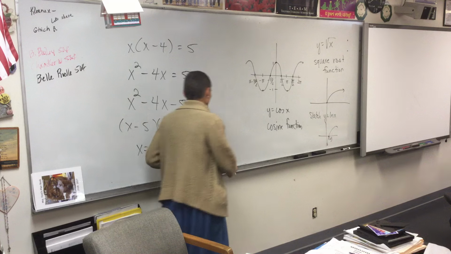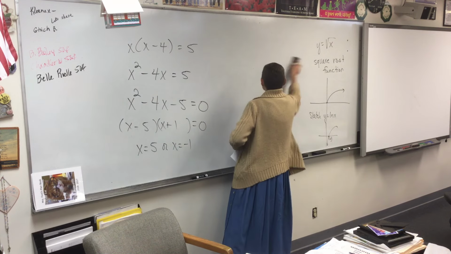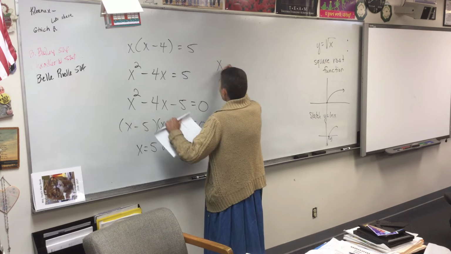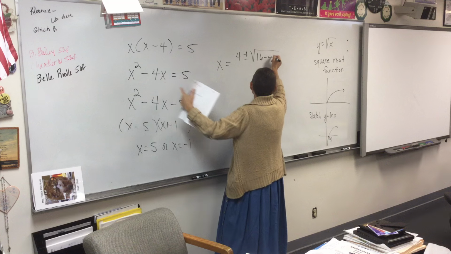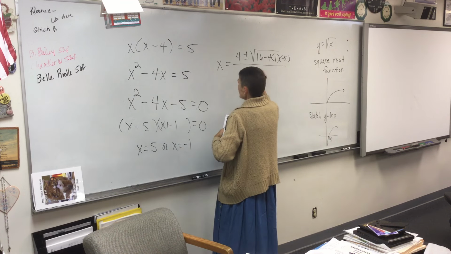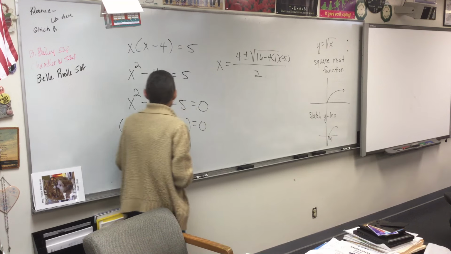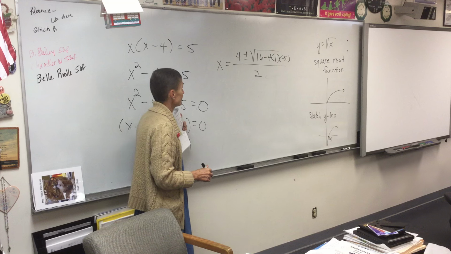All right, quickly the quadratic formula for those of you that did it that way, and then you can get up and go, okay? So here we go. x equals negative b plus or minus the square root of b squared minus 4ac all over 2a. a is 1, b is negative 4, c is negative 5.